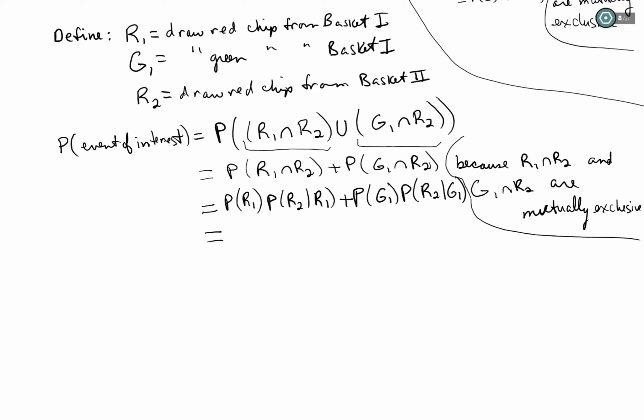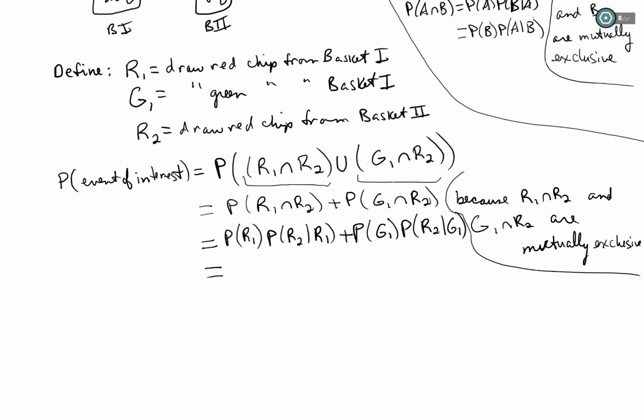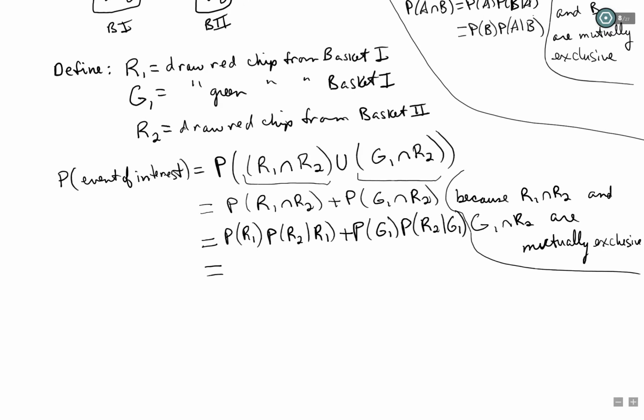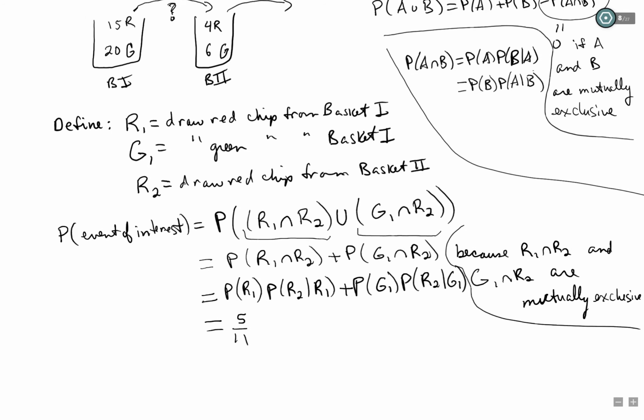The probability of R1, drawing a red out of the first basket, is, I'm sorry, I'm confused here, 15 out of 35.